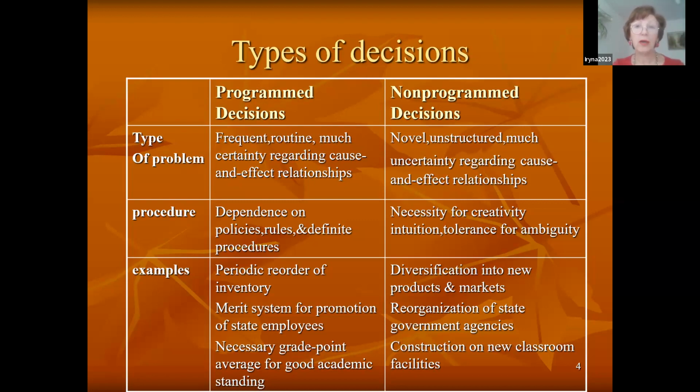I don't know if you have this in your university, but in my university, there is a grade point average for good academic standing. 4 is maximum. And if a student has 1.2, 1.4, he or she needs to retake some courses and pass exams better to get a degree.